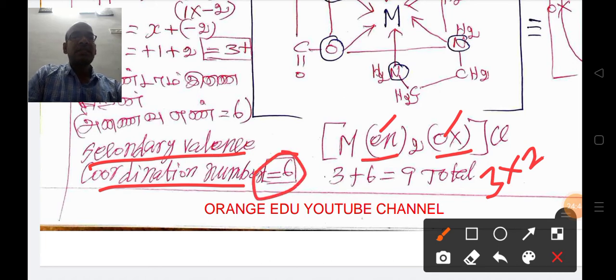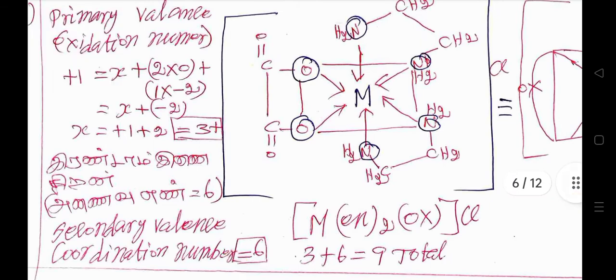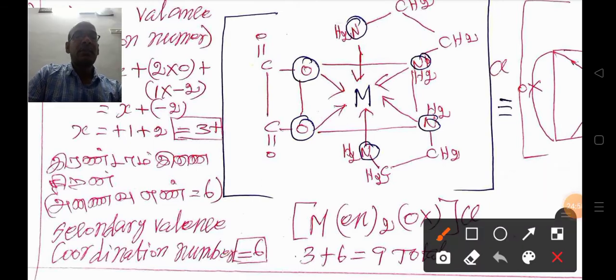Another way to find out the coordination number is from the structure of this complex. Totally 2 ethylene diamine; this is the first ethylene diamine.